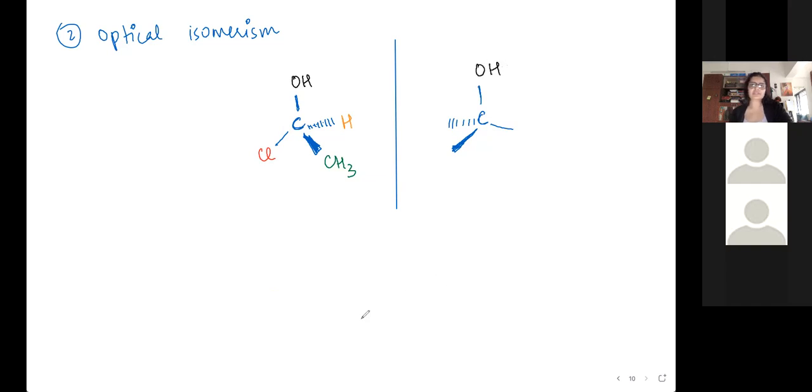OH. Then in the one towards the left, you will have the H. Farther from it is the Cl, chlorine. Cl over here, and the last one will have methyl.